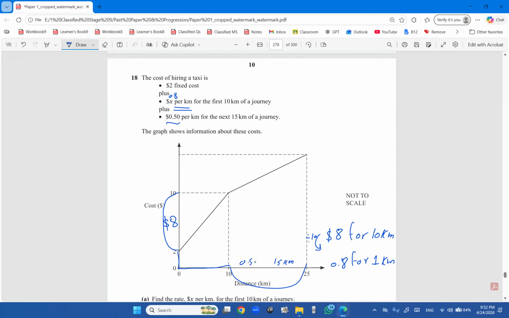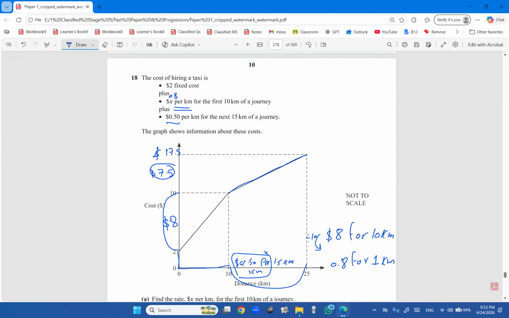So 0.5 multiplied by 15 kilometers is going to give you 7.5. So for the coming 15 kilometers, he's going to pay $7.5. Well, which adds to the 10, $17.5.